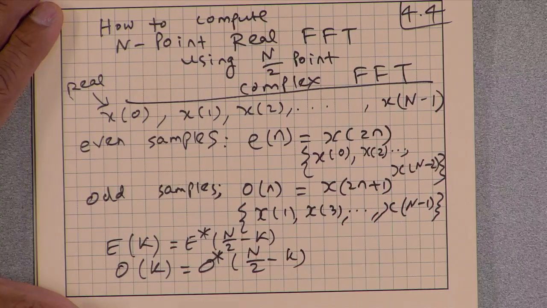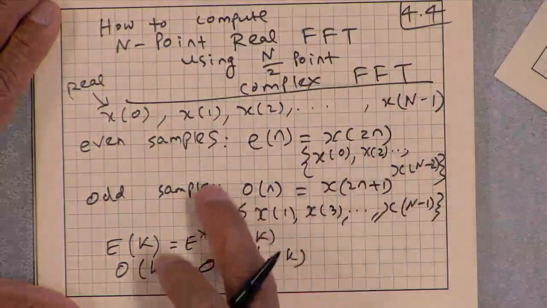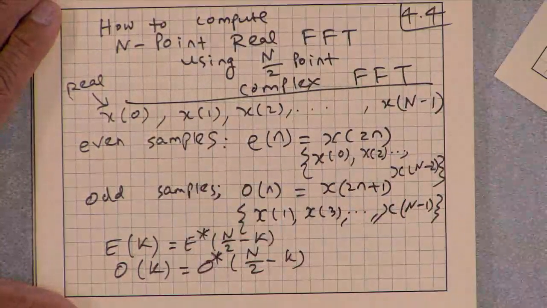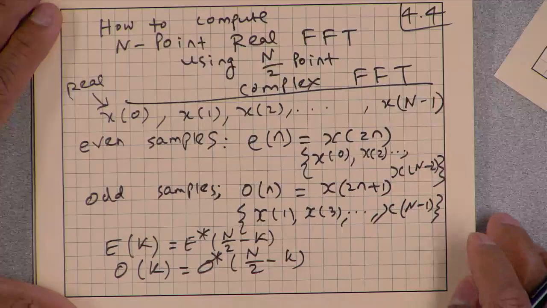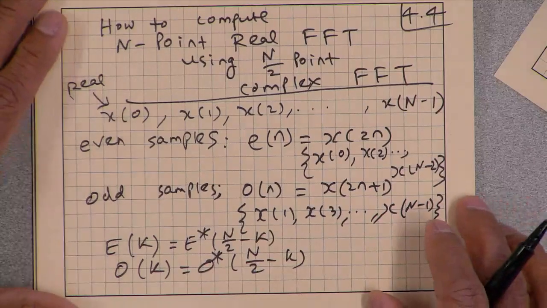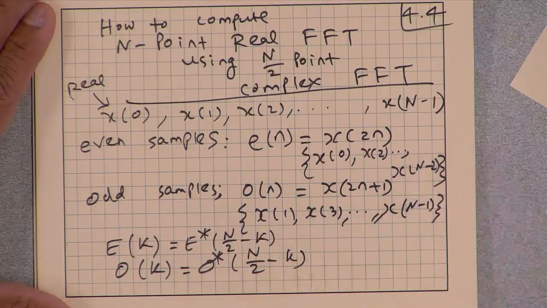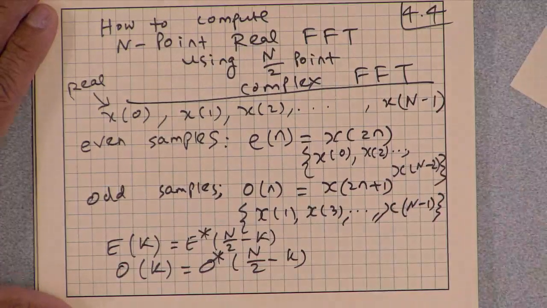So instead of writing n minus k, I write Ek equals E conjugate (n by 2 minus k), and Ok equals O conjugate (n by 2 minus k). Any questions so far?